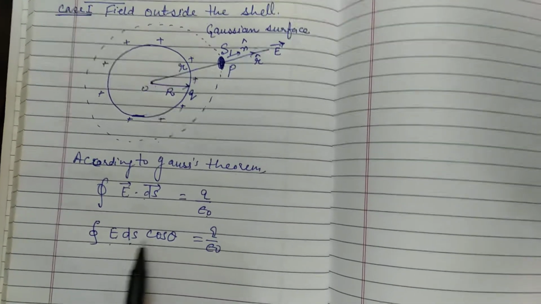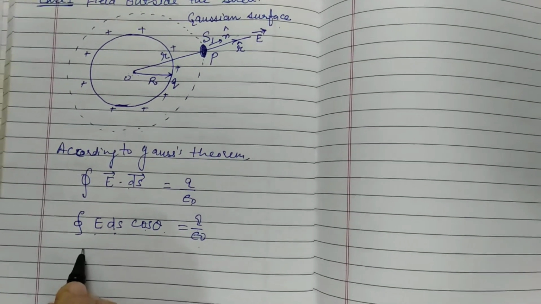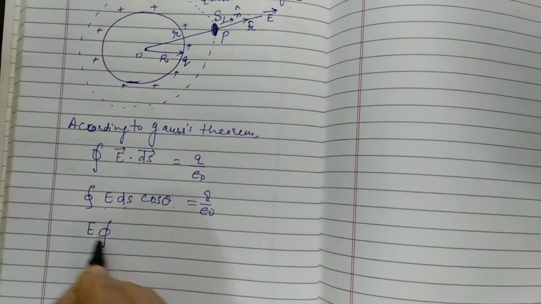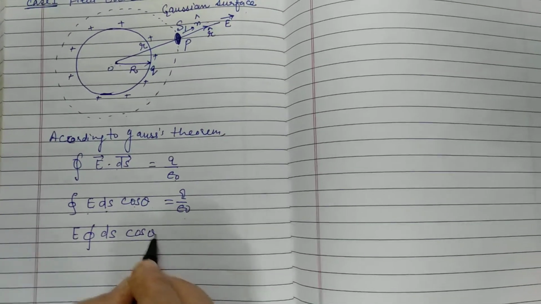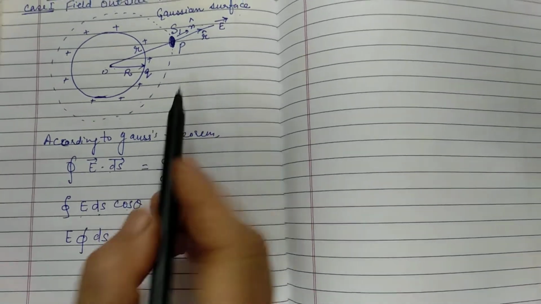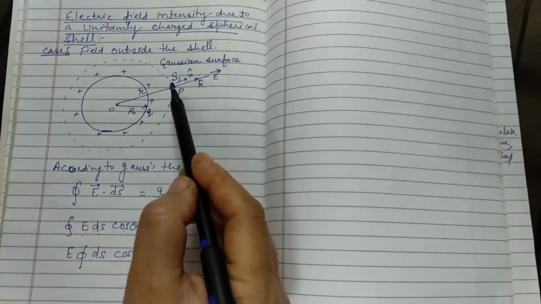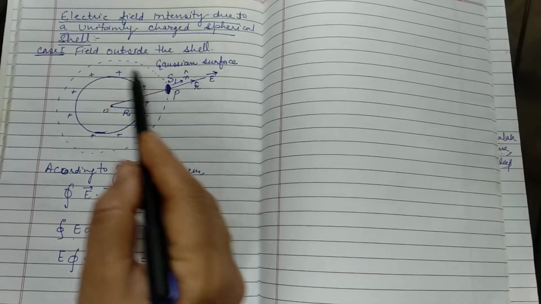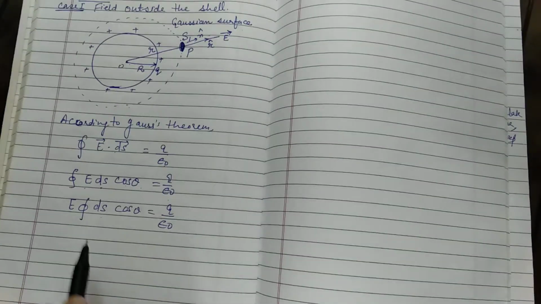Now ∮E dS cos theta is equal to Q by epsilon naught. Now this dS is the small area over the surface, but we want the complete area.